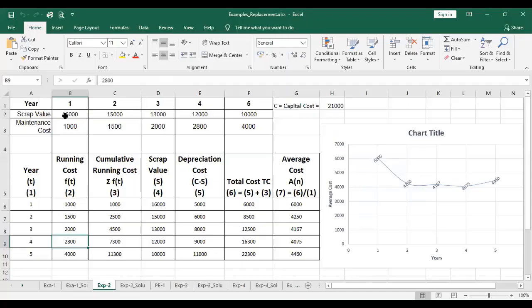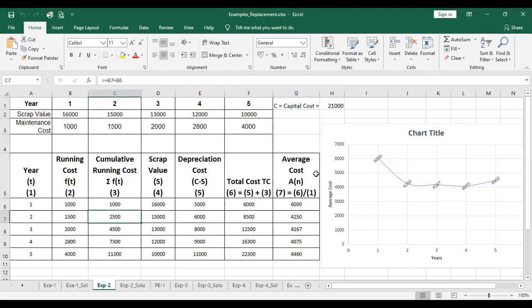The scrap value for the first year is 16,000, and up to the fifth year it is decreasing to 10,000 rupees, and the maintenance cost for the first year is 10,000. Likewise, you can see up to the fifth year, and the capital cost for that example was given as 21,000.